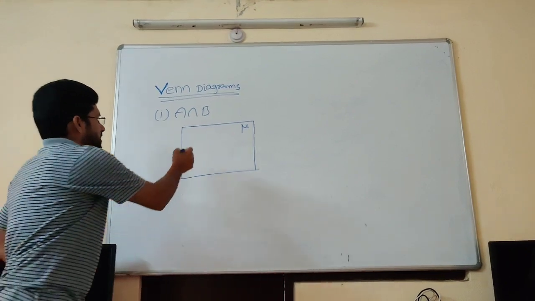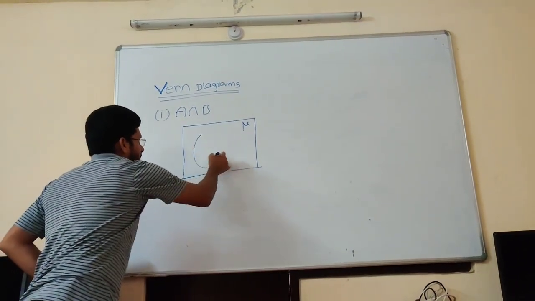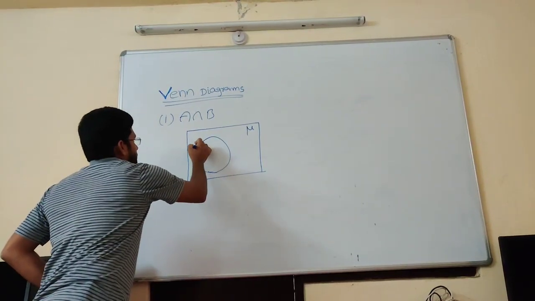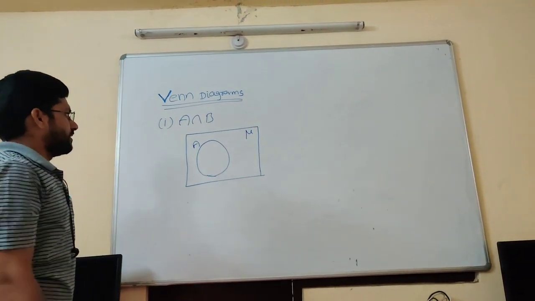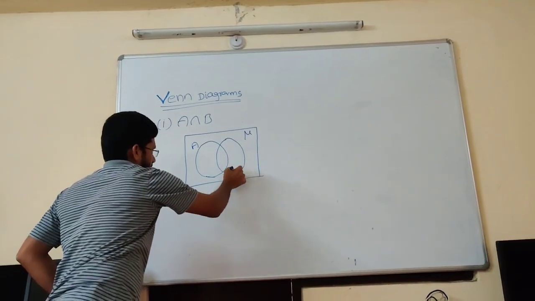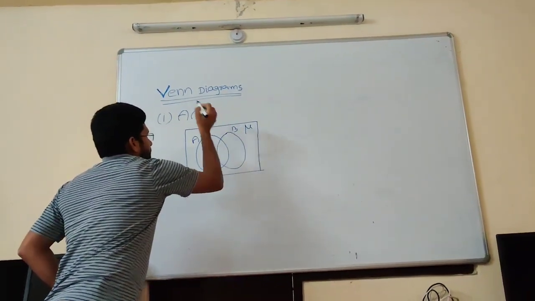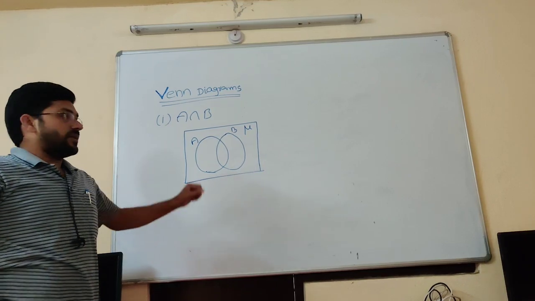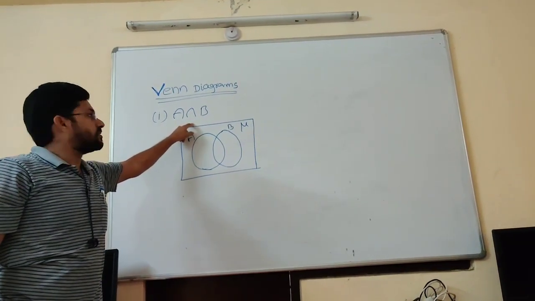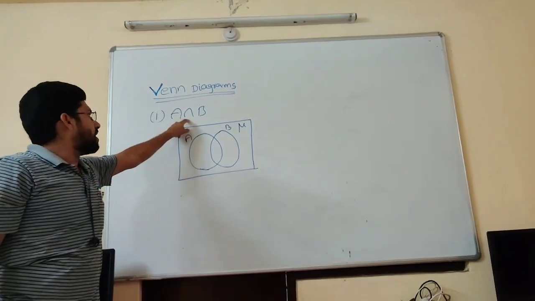From this set, we have to take A, and the next set is B. We know very well, intersection means common elements. We have to take common elements.